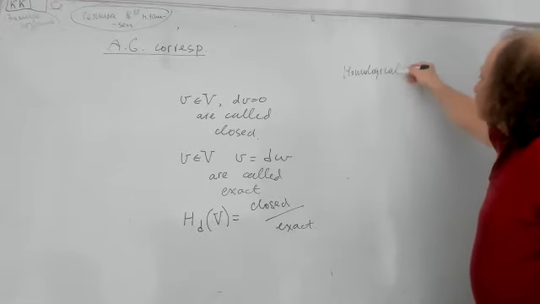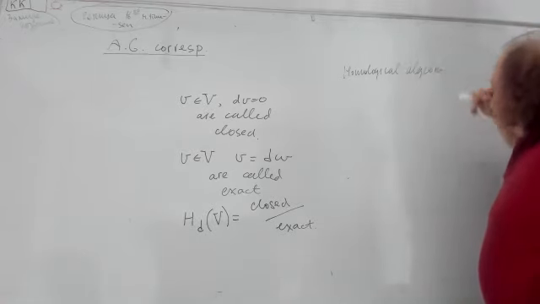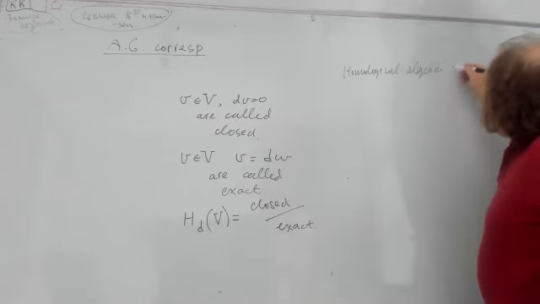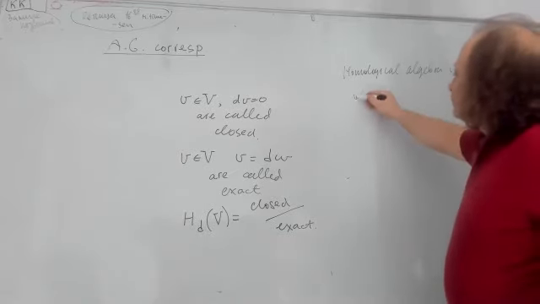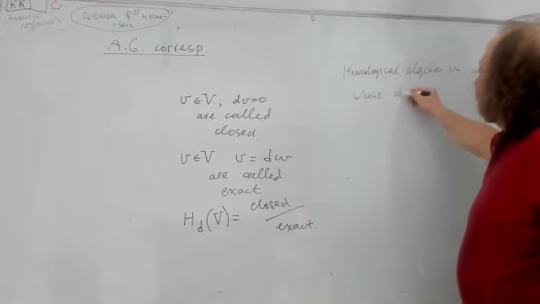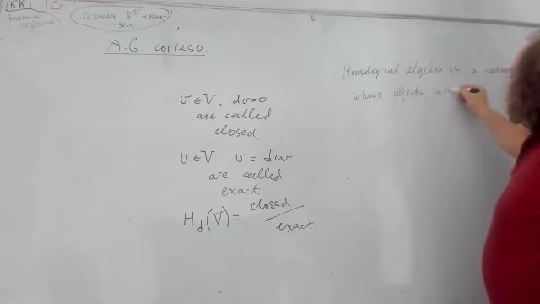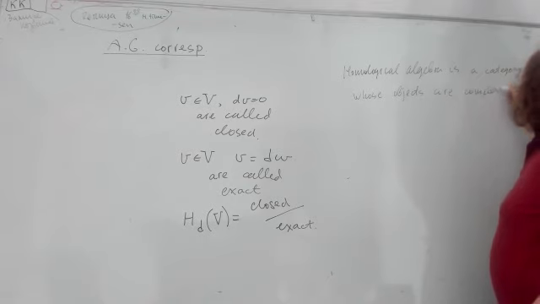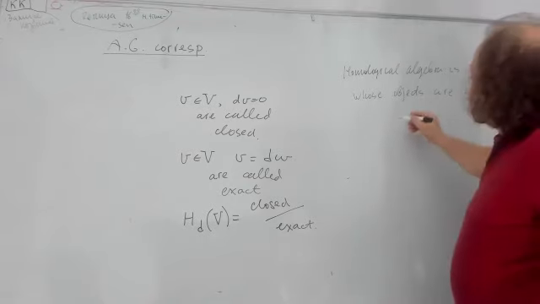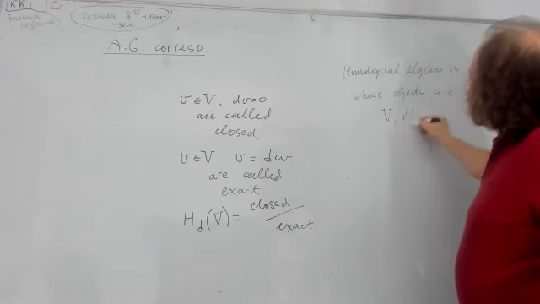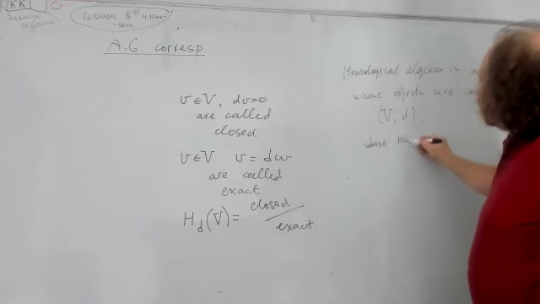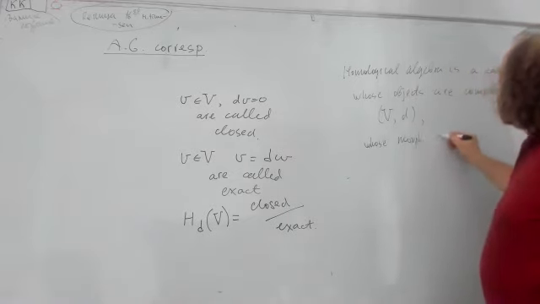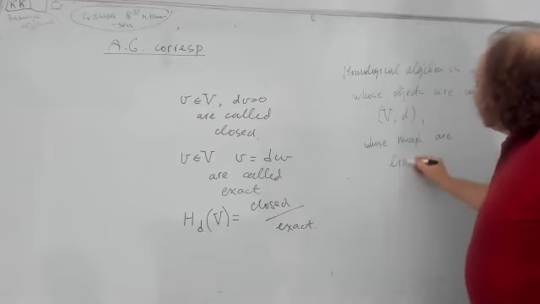homological algebra is a category whose objects are complexes. So these are pairs V, D, whose morphisms are linear maps.